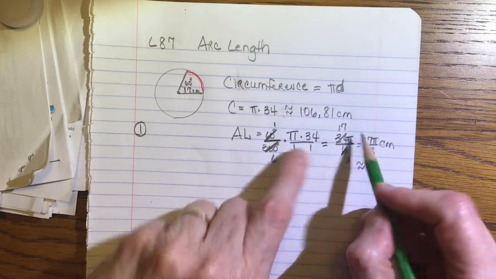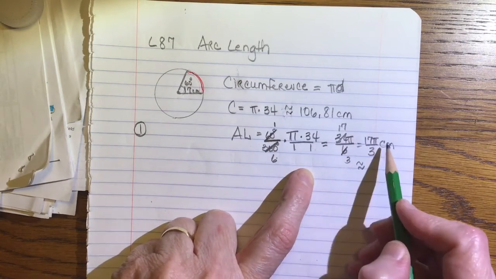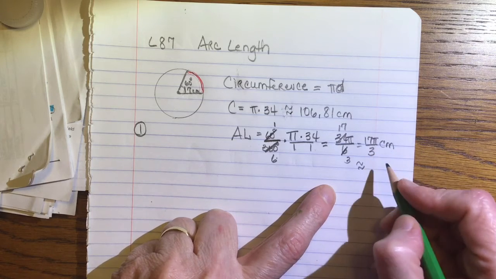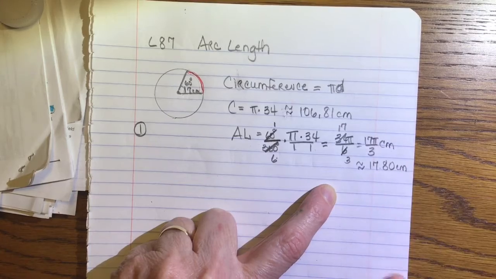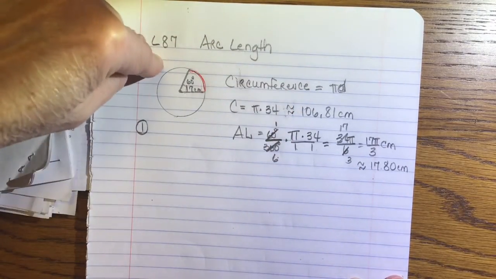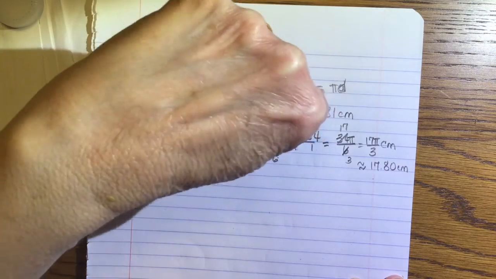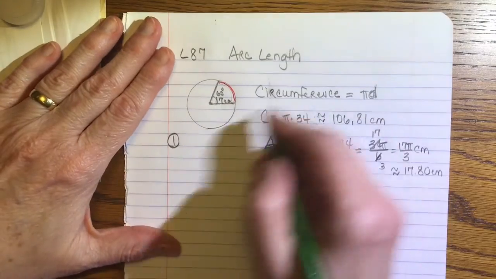And so if you either multiply here and divide, or do it in either one of these formats, you'll get about 17.80 centimeters because you're actually finding a 1/6. See, 60 degrees is 1/6 of the circle. So if you divide 6 into that, that's what you end up getting. Okay, number 2.